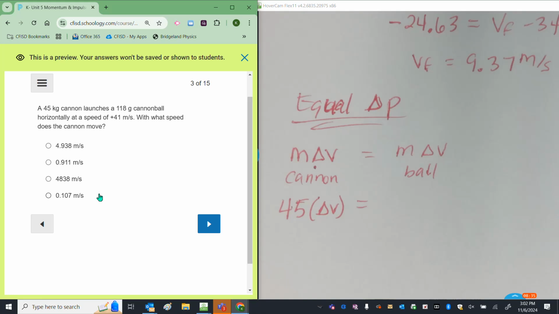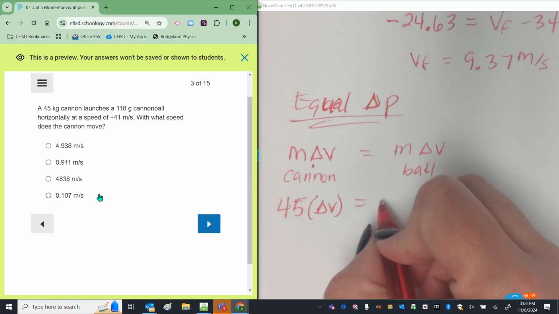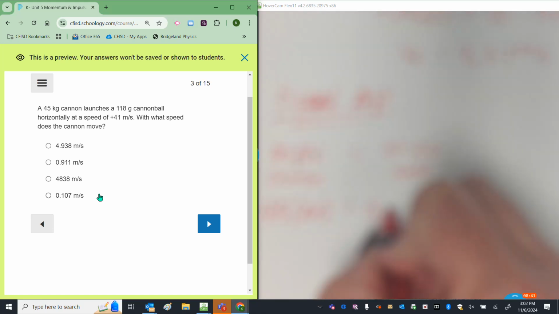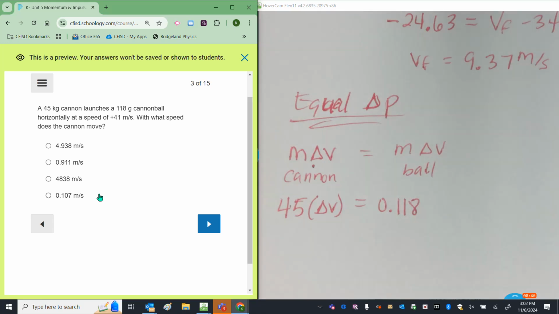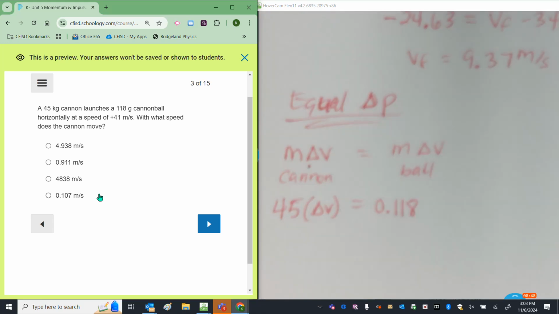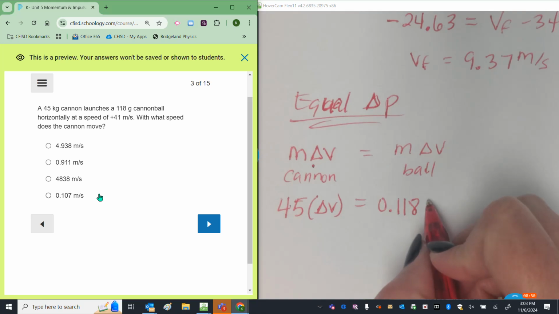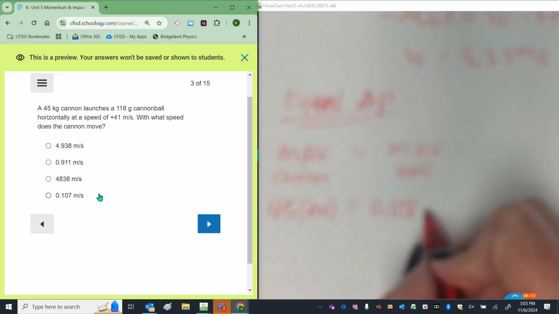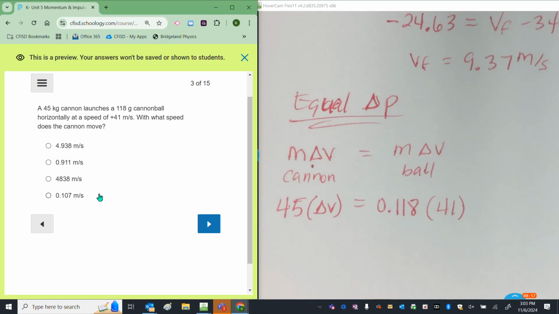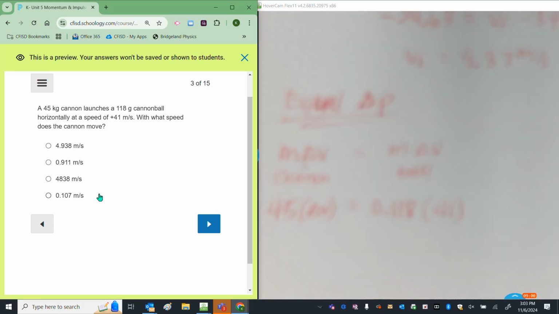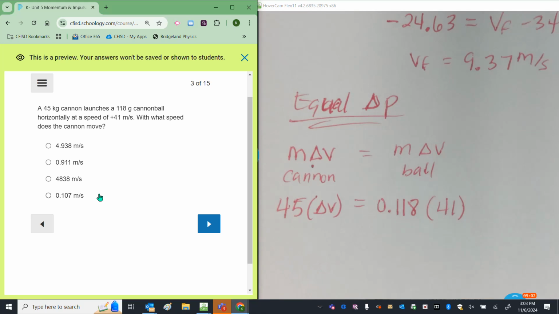Grams must be converted to kilograms, which means that the mass of this is not 118, but rather 0.118 kilograms. Divide by 1,000. Okay, so that is my mass, and then my change in velocity of my cannonball is 41 because it starts at rest. Before it gets fired, it's at rest. Now it's going 41. Okay, now this is not a particularly difficult problem to solve from here, if you can get everything plugged in and if you recognize you need to change your units.